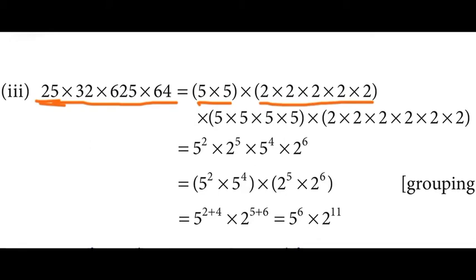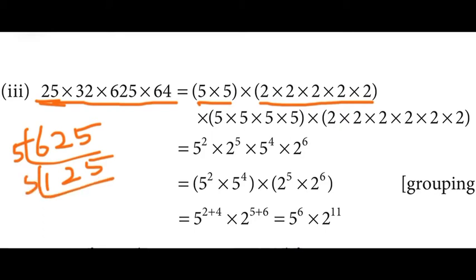Similarly, 625 is 5 into 5 into 5 into 5. If you divide like this, you get the factors: 5 fives are 25, again 5 fives are 25. So 4 times 5, that is what they have written here.